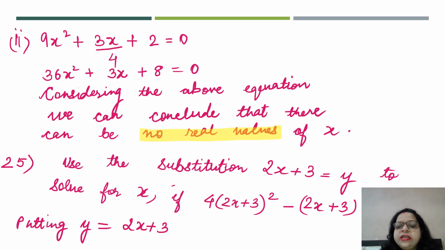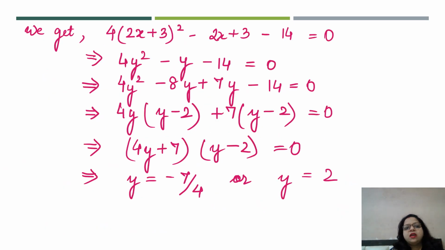Putting y is equal to 2x plus 3, we get 4 into 2x plus 3 the whole square minus 2x plus 3 minus 14 is equal to 0. 4y square minus y minus 14 is equal to 0. 4 into 14 is 56, and minus 56, and minus 8 plus 7 is also minus 56 and is equal to minus 1. Addition will give you minus 1.